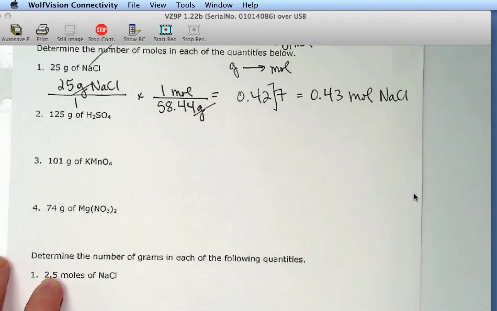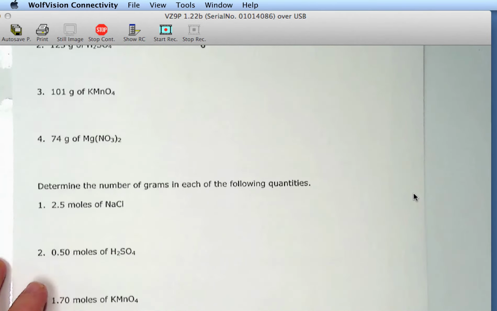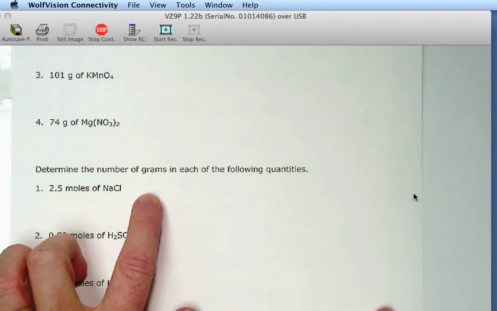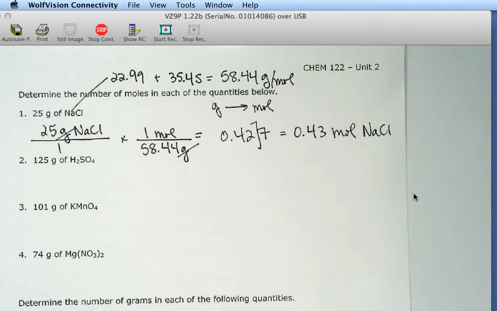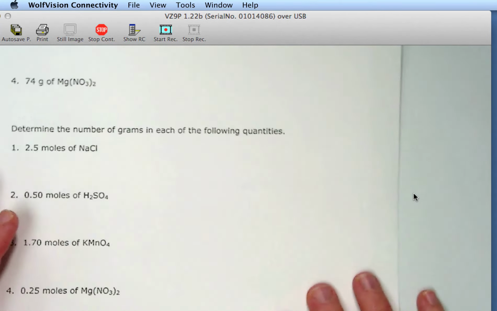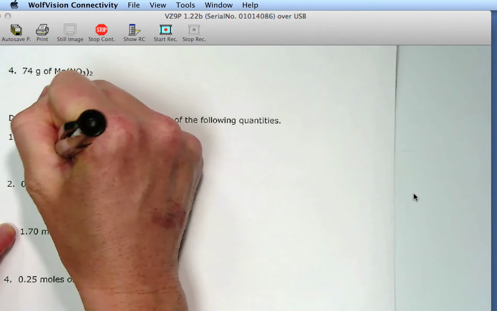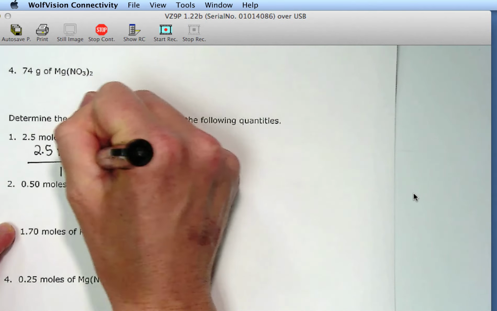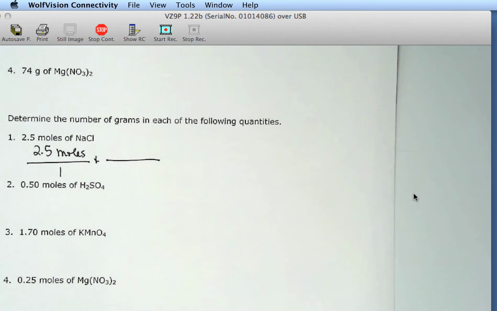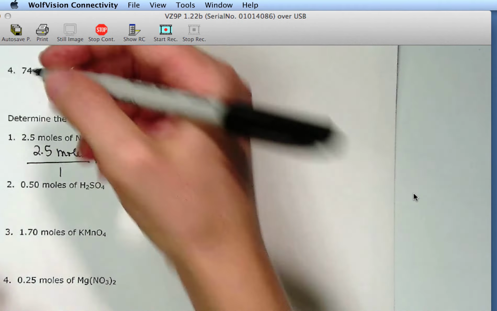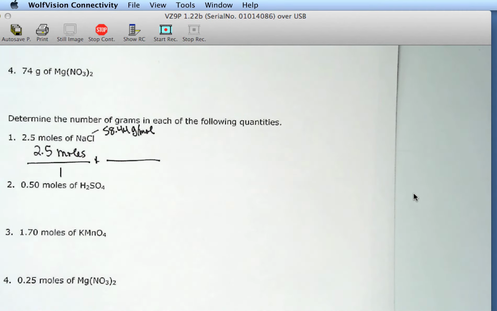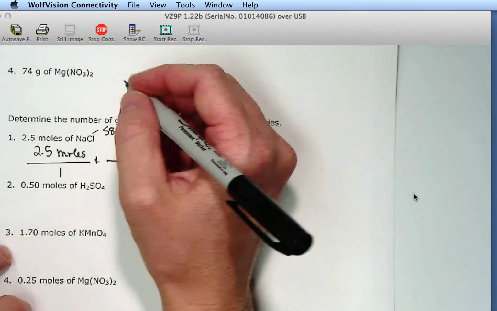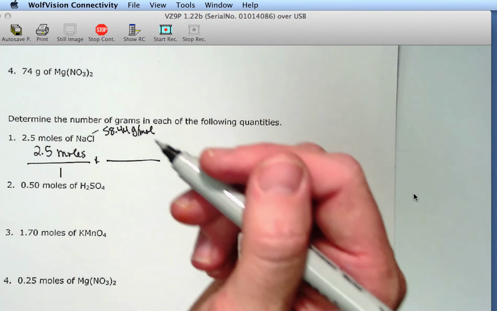Now, I'm going to go through number 1, the second part with you. Determine the number of grams. My starting quantity in the second part is going to be 2.5 moles. I'll use the same molar mass, 58.44. Will I multiply or divide by the molar mass?